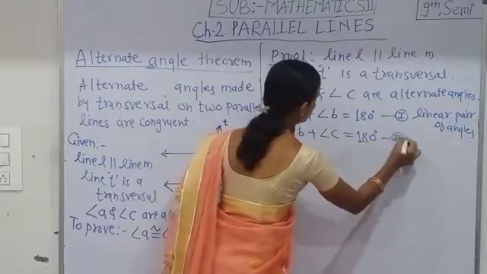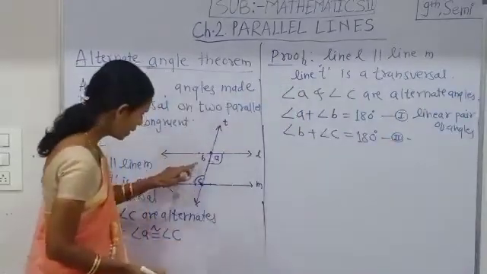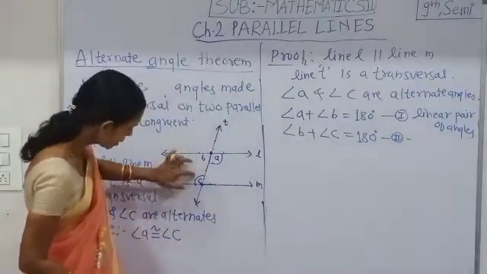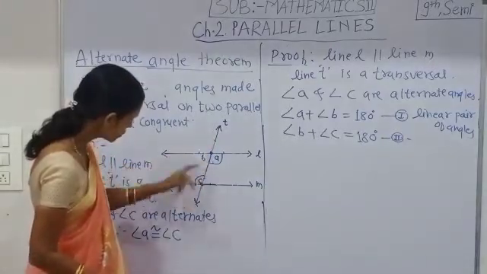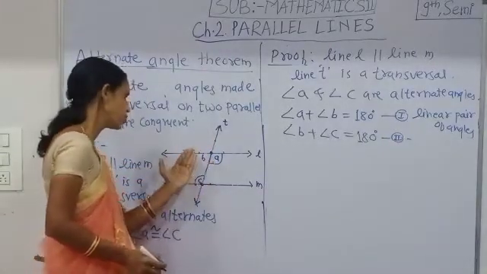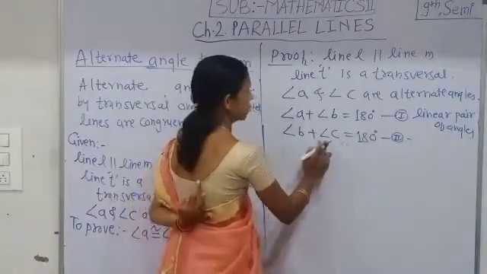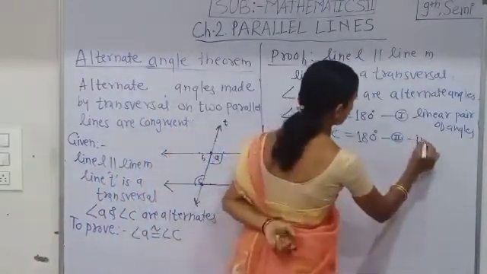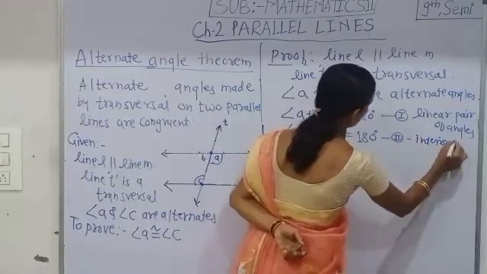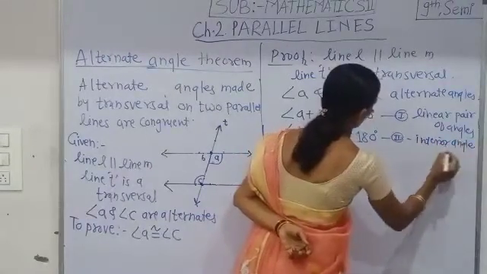Let this be equation number 2, because angle B and angle C are the interior angles made by a transversal on two parallel lines which lie on one side of that transversal, which are supplementary. Here, the interior angle property.